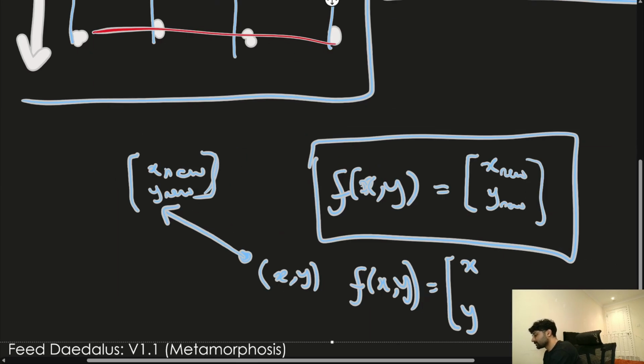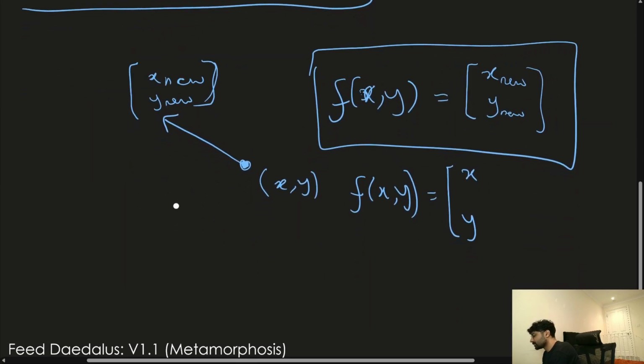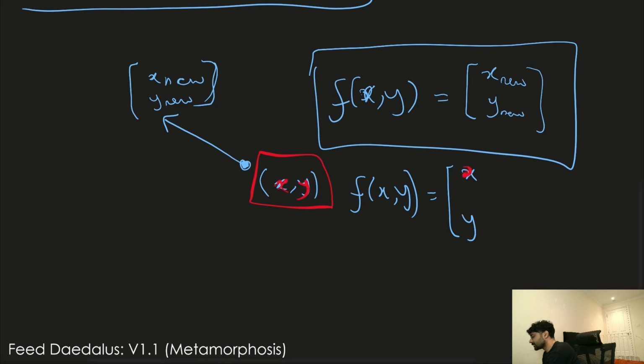Sorry, so these x and y, x and y. But then we're going to add on anything we want. So maybe we add cos x plus y, and maybe for the y value we add sine x. Let me just say that these are the old values, x and y.